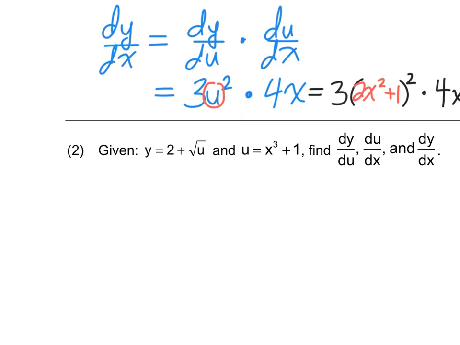All right. So I have my y function here: 2 plus, and instead of writing u as a radical, I'll write it as u to the 1/2, where u is equal to x cubed plus 1. So what's my dy du?